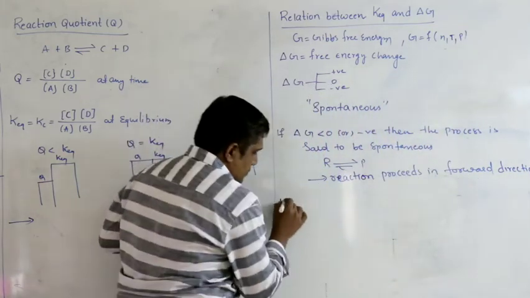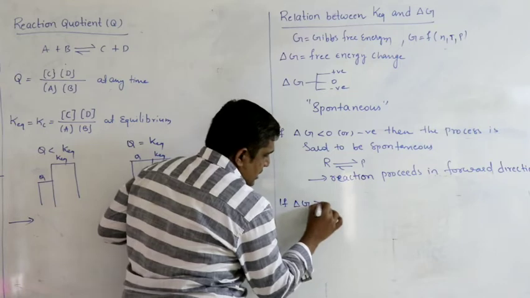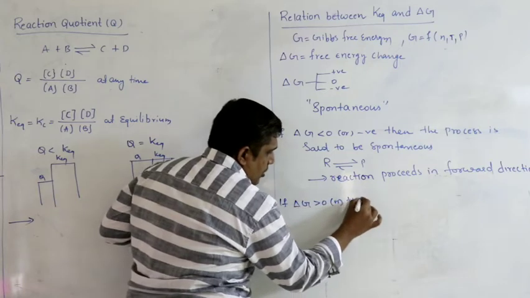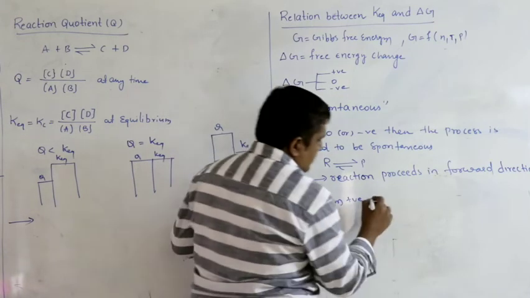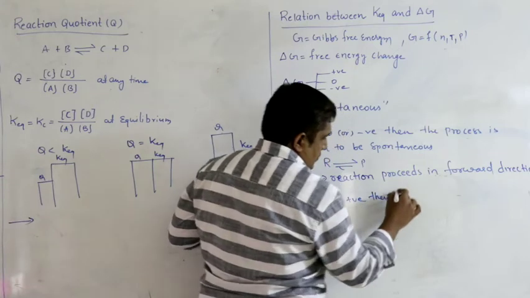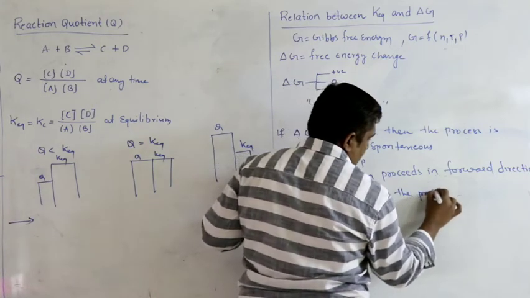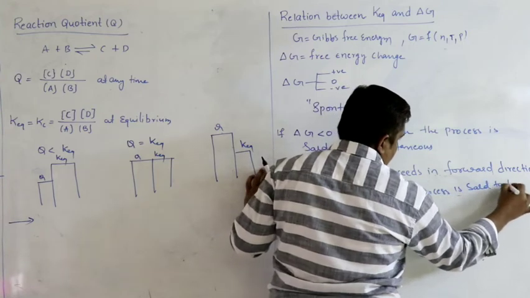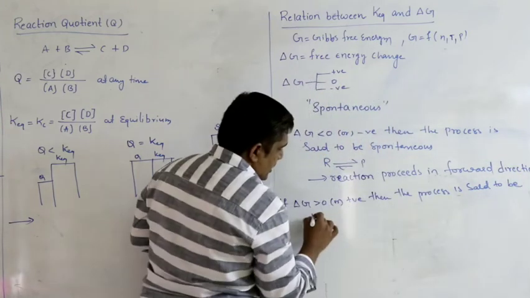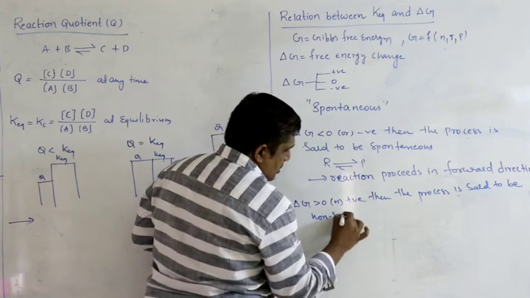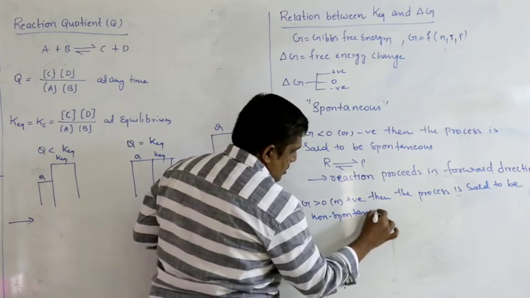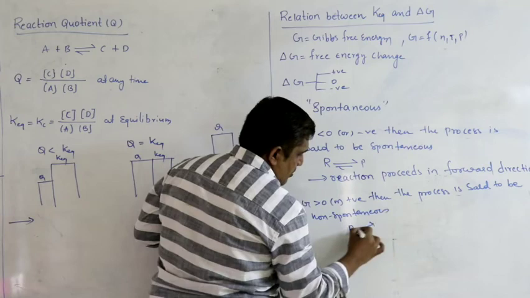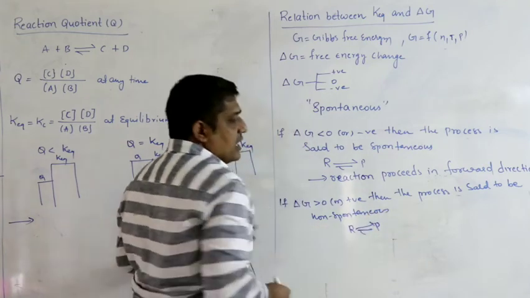If delta G is greater than 0, or positive, then the process is said to be non-spontaneous. So for a reversible reaction, if I apply the concept, for this reaction delta G is positive.